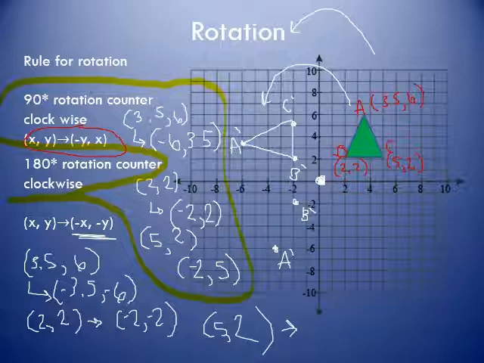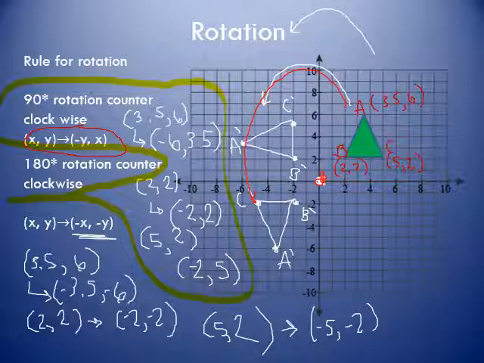And it's going to become -5, -2, which is right there. That's C prime. So again, it's like I drew triangle ABC, then I put my pen down on the origin and I rotated it 180 degrees. And that's where I ended up.